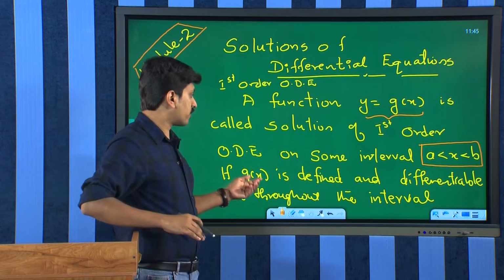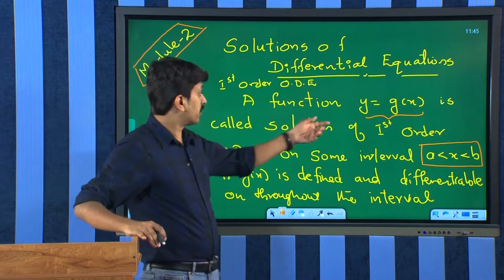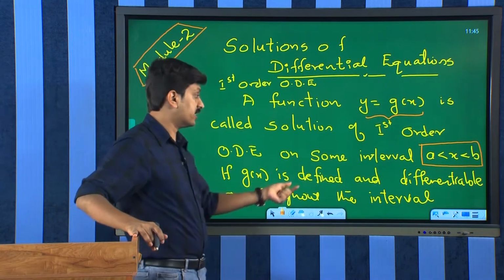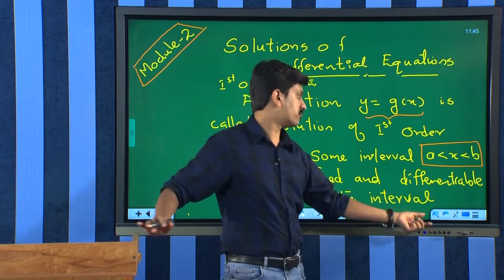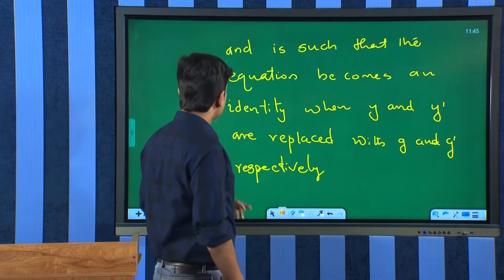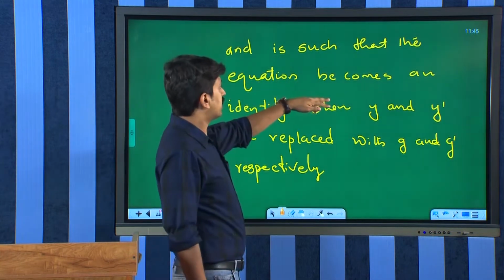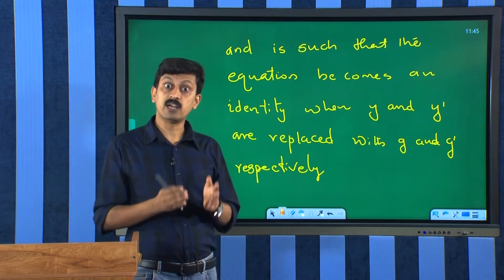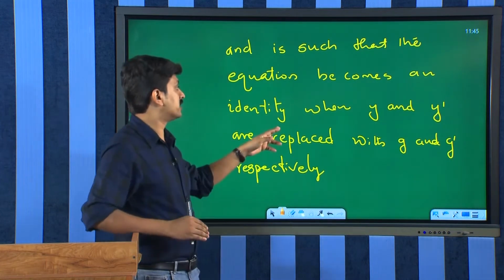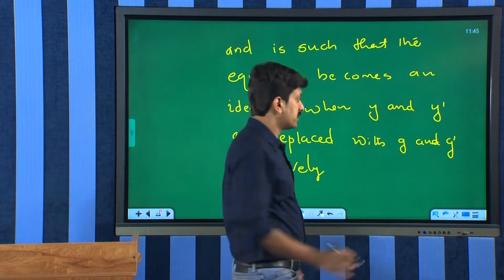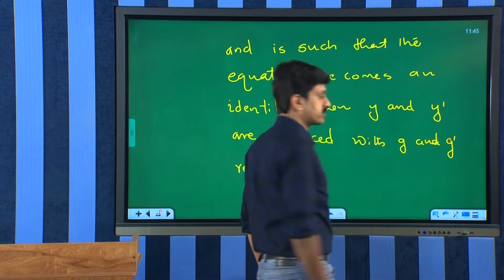If g of x is defined and differentiable in this interval, and also the equation becomes an identity, we say that g of x is the solution. The actual differential equation remains an identity if we replace y and y dash with g and g dash of x.